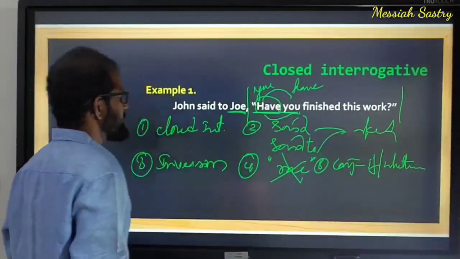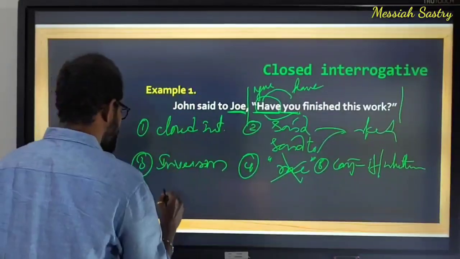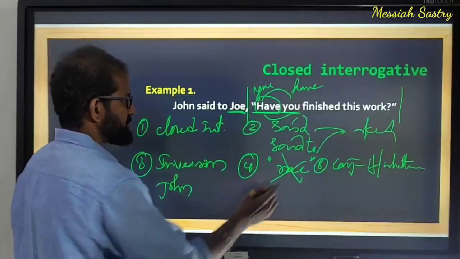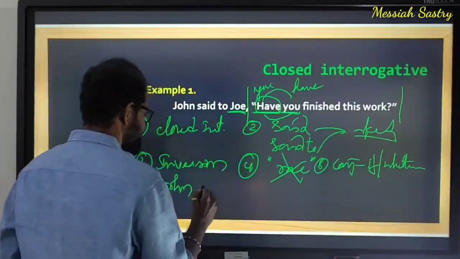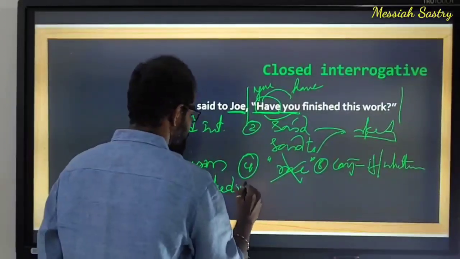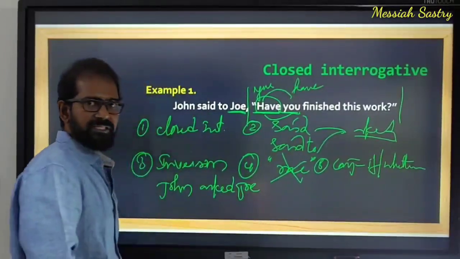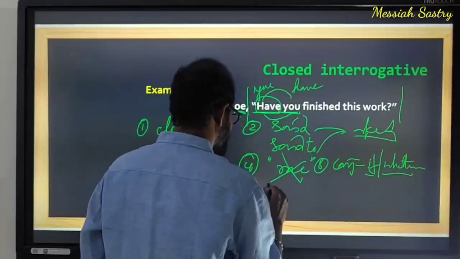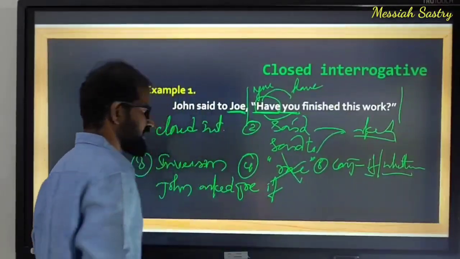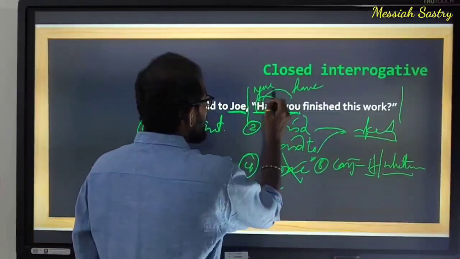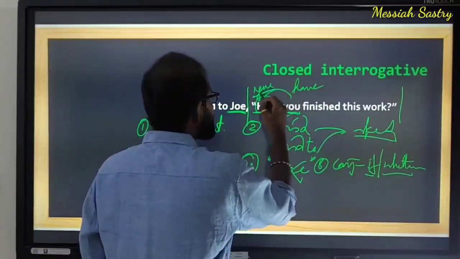Now let us change the sentence into indirect speech. John said to changes to asked. John asked Joe. What conjunction can we use? If or whether. Let's take if. John asked Joe if. We have already made the inversion here. You refers to whom?